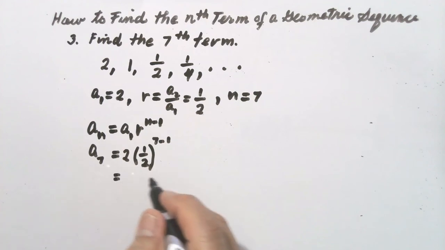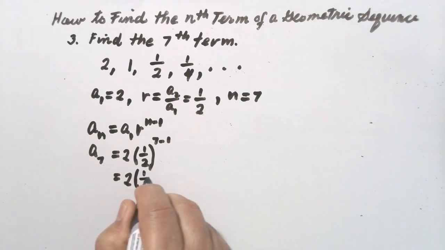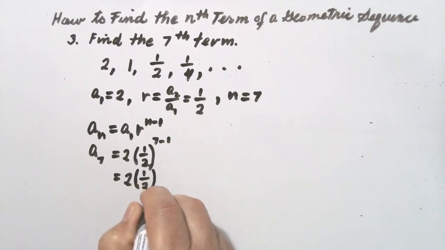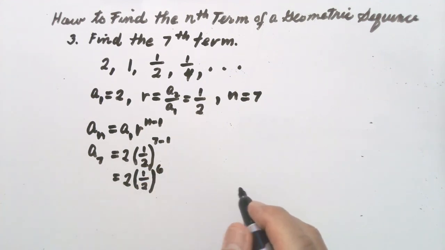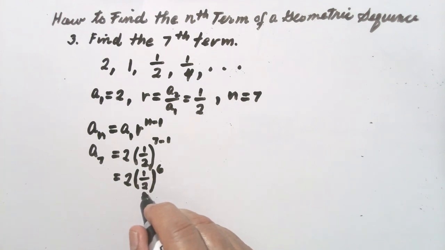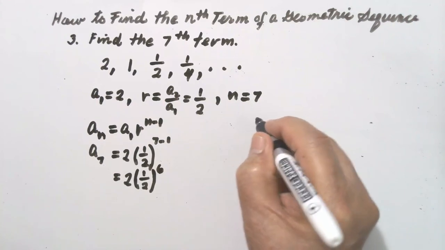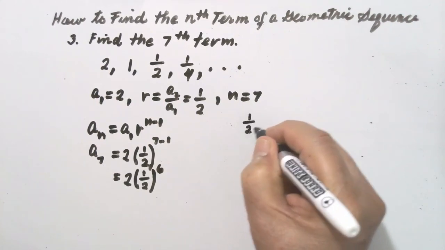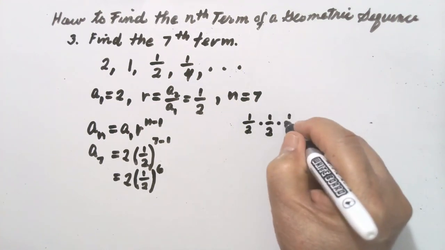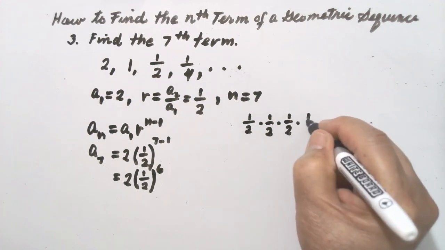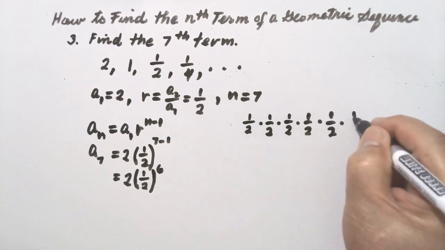So this is equal to 2 times 1 over 2 raised to 6. This means multiply 1 over 2 by itself 6 times. Let's do it here. 1 over 2 times 1 over 2 times 1 over 2 times 1 over 2 times 1 over 2 times 1 over 2.